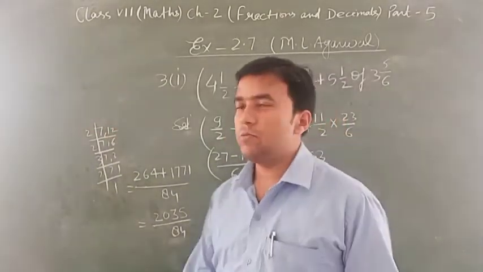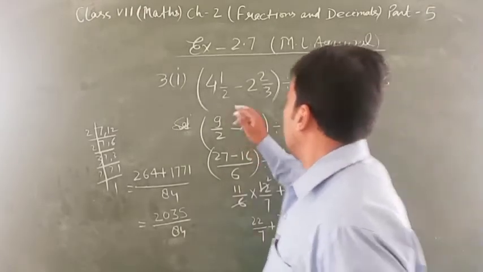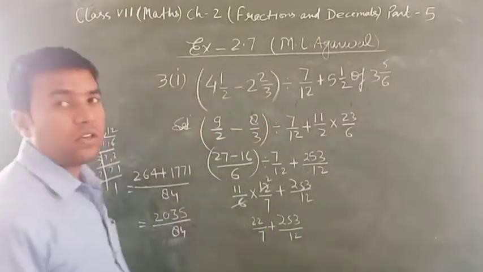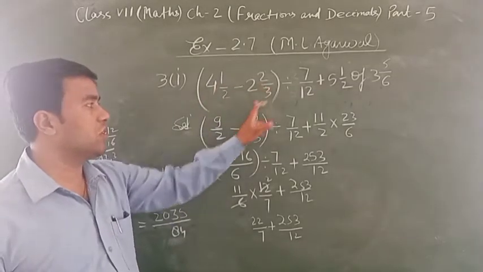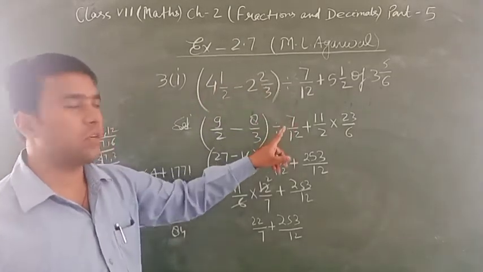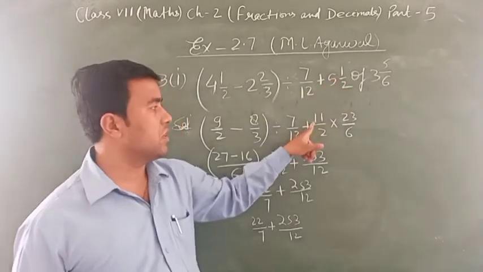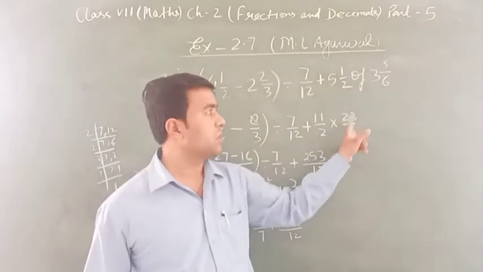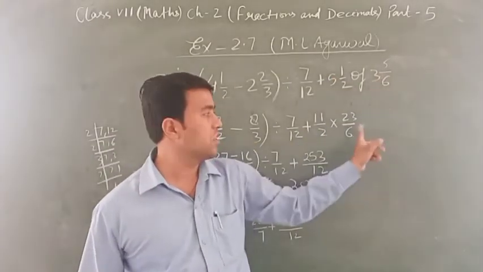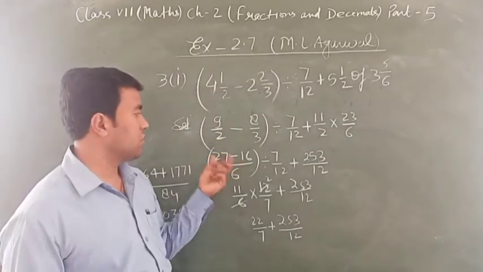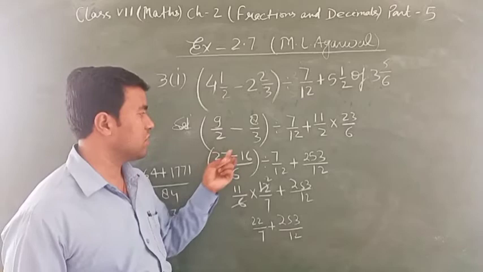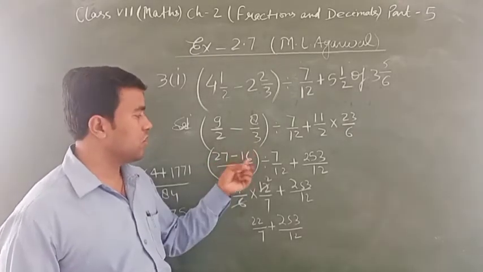Again I am telling you, this is the question given. First of all solve the bracket: 4 times 2 is 8, plus 1 is 9, by 2; 3 times 2 is 6, plus 2 is 8, by 3; divide by 7 by 12; 2 times 5 is 10, plus 1 is 11, by 2; of means multiply, 6 times 3 is 18, plus 5, by 23 by 6. LCM of 2, 3, 6: 2 times 3 is 6, 3 times 9 is 27, 3 times 2 is 6, 2 times 8 is 16.